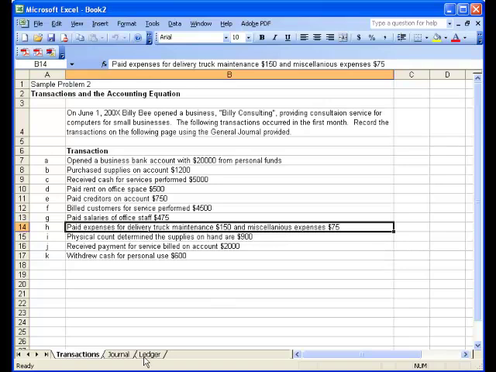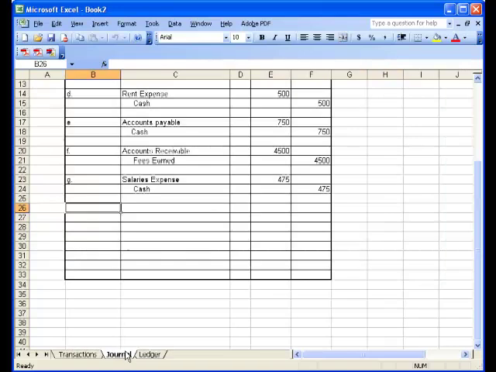And we know from our rules that expenses are debits, and when we pay out cash, that's going to be a credit. So transaction H is going to be truck expense, and we also have another debit to miscellaneous expense, and then our credit is to cash, and then I need to fill in my amounts.